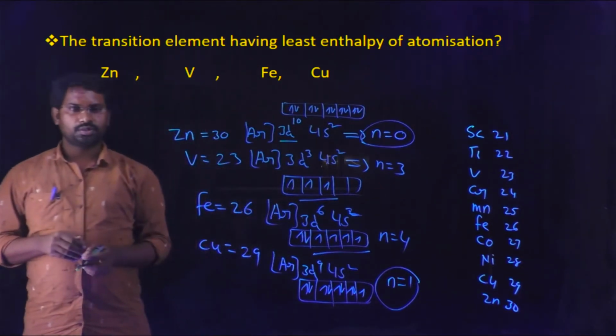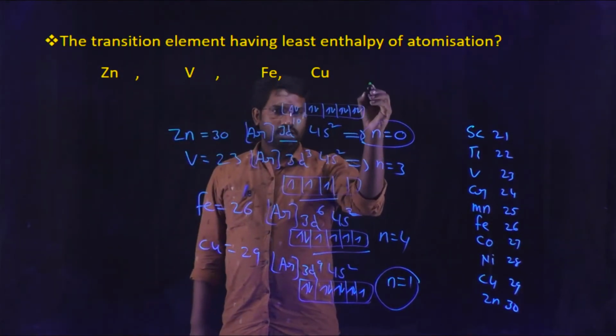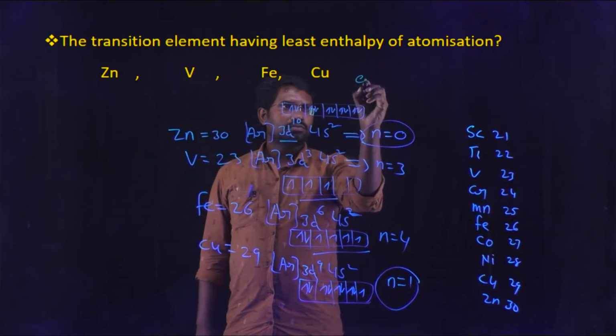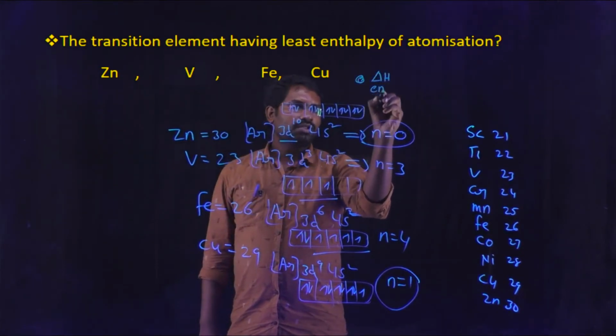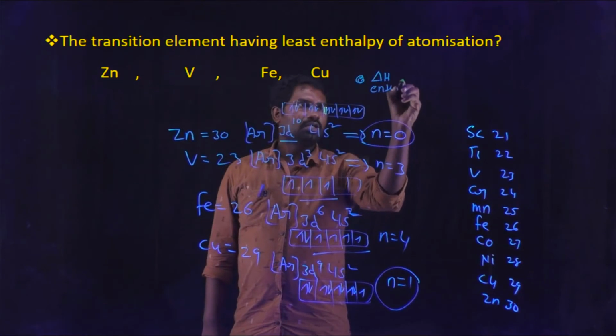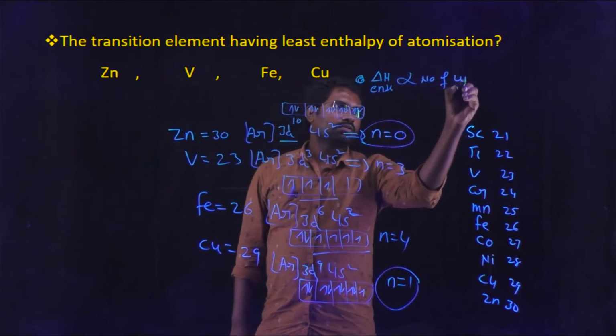That is a very, very important formula: enthalpy of atomization, indicated by delta H, is directly proportional to the number of unpaired electrons.